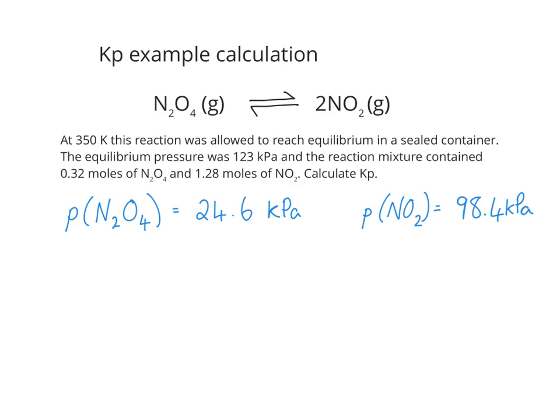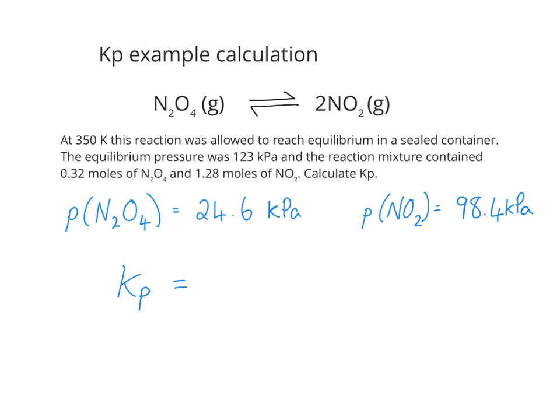So we've got those numbers, and these are the P's in the Kp equation. So then I'm just going to substitute in. Now, as you're calculating, we have a very sort of left to right kind of habit when we're working with equations. We always consider that the direction that we're going in. It's very likely that we'll be told the number of moles or whatever of the left hand side first.